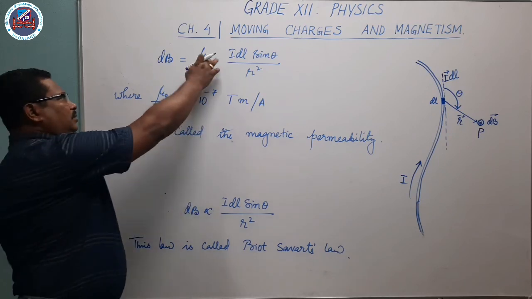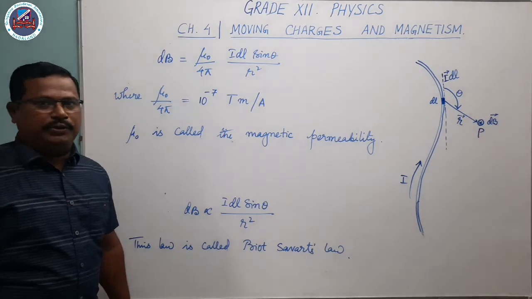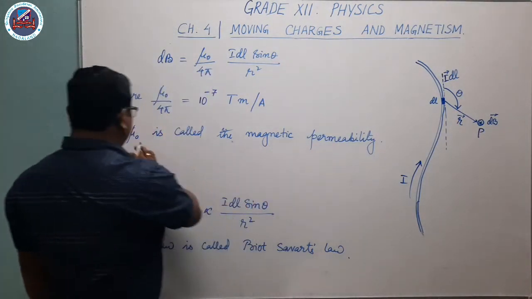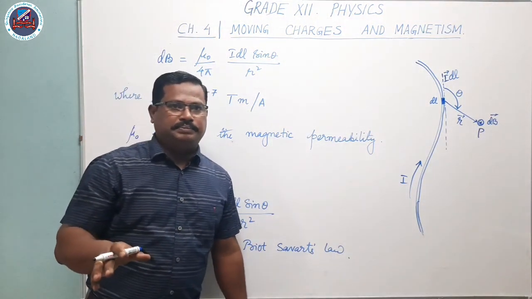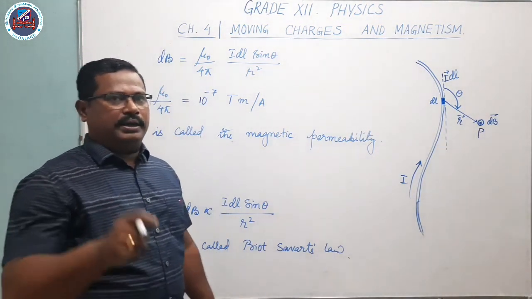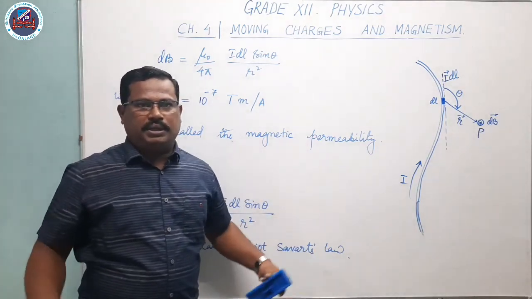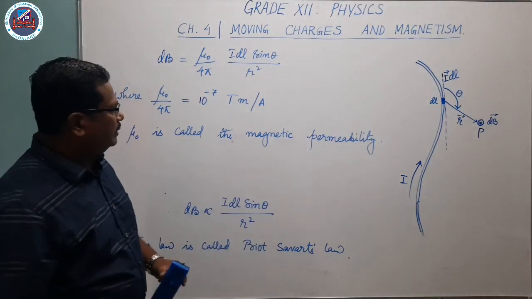Whenever we write naught here, we should know that the law is presented in vacuum. Now, this magnetic permeability is the capability of producing magnetic field lines by a magnet or a current carrying conductor in vacuum where no other substances are nearby. That we call permeability.